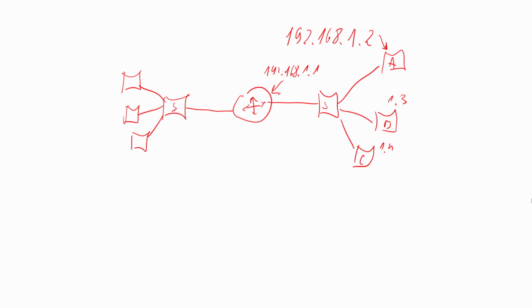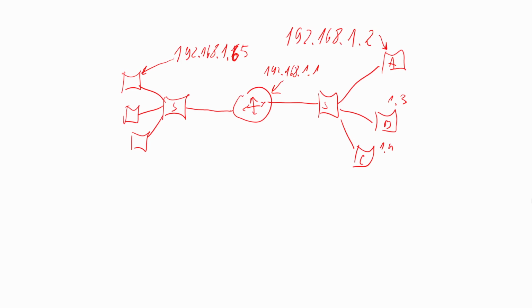But we can also have in this part IP addresses like 192.168.1 and start from, for example, 65, and give this IP address to this computer.